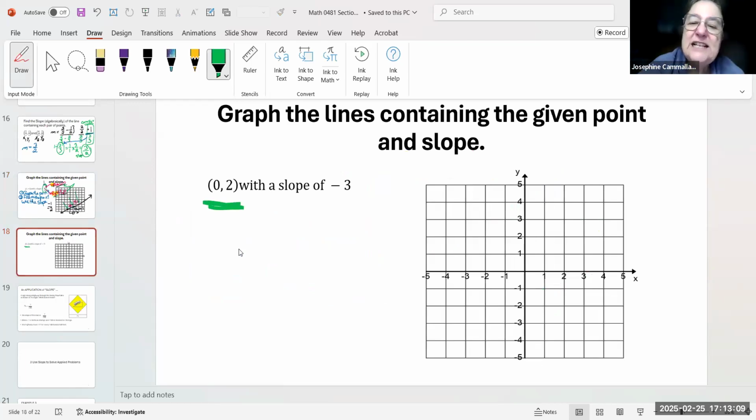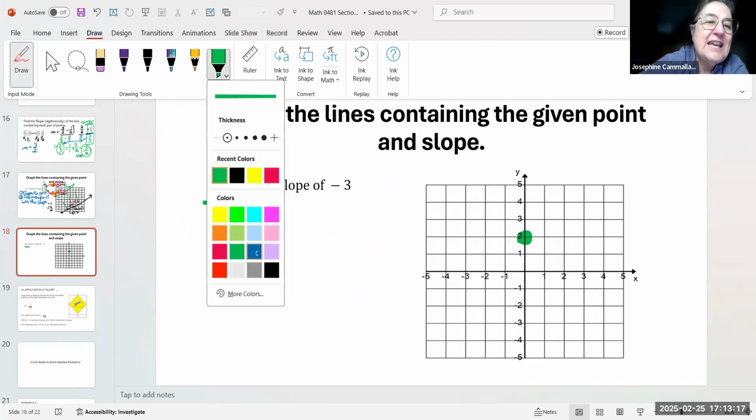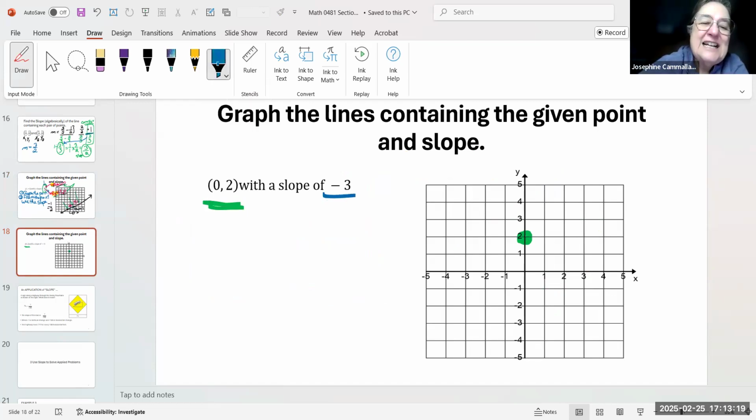Graph that point. 0, 2. That's right there. That's my green dot. Now my slope. Okay, I have a -3. I'm going to put a +1 below it, which means I'm going down 3, right 1.